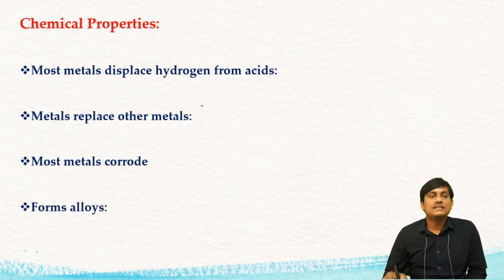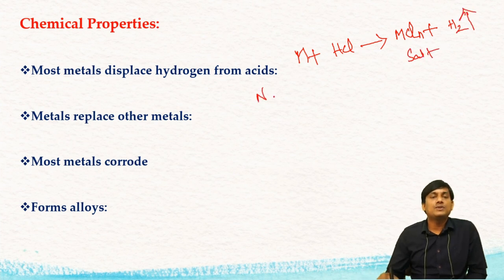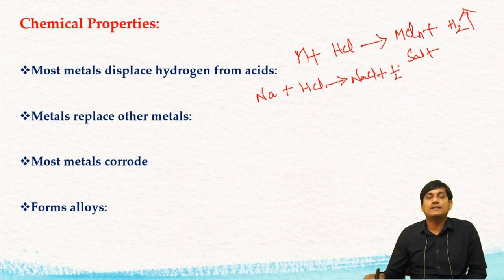Most metals displace hydrogen from acids. Suppose a metal M reacts with an acid like hydrogen chloride, there is a formation of salt, MCln, and a release of hydrogen gas. If you take sodium and treat it with HCl, there is a formation of sodium chloride salt and a release of hydrogen gas.